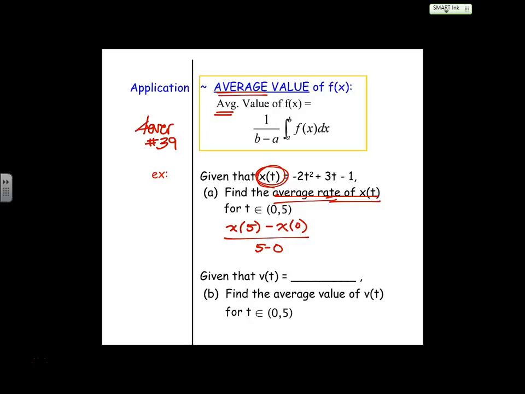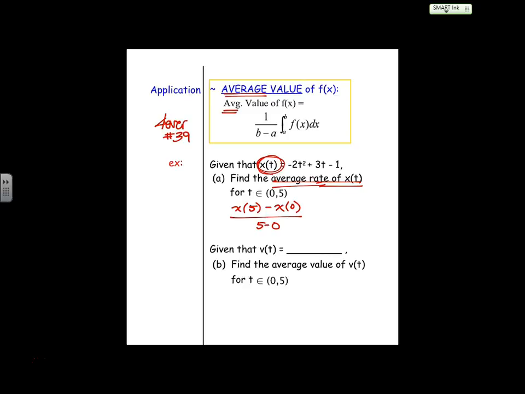This is different. This is average value. What on earth is the difference between average rate and average value? Average rate says you need to derive, and since they're telling us average, we're not deriving, we're actually doing a rate by hand. Displacement over time, my physics people, right?